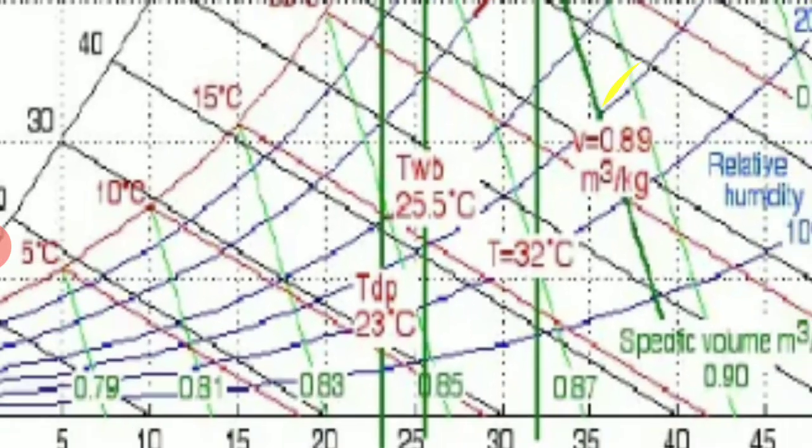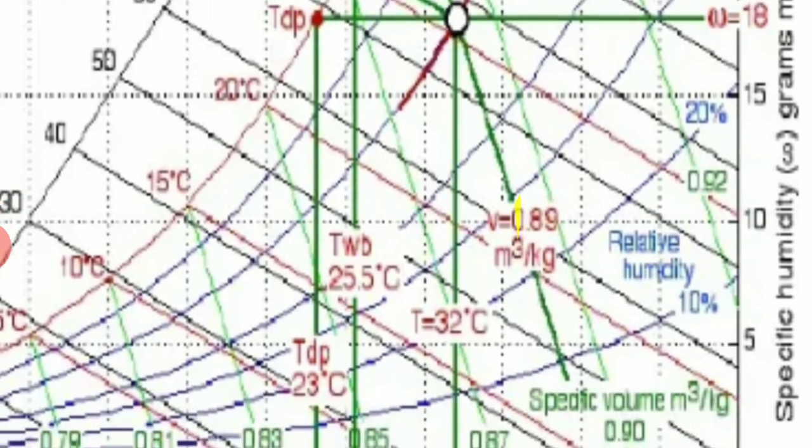If the values are not written on that curve, you can directly see the values coming downside. TDP is 23 degrees Celsius. Sometimes it may be written on the curve or it may not be written. I told you that for saturated air, dry bulb temperature, wet bulb temperature and dew point temperature values remain the same.